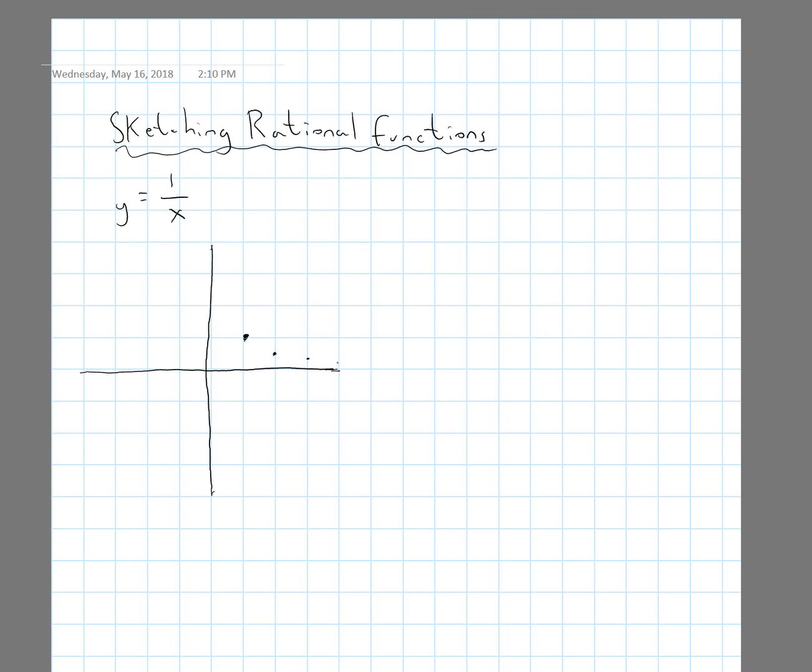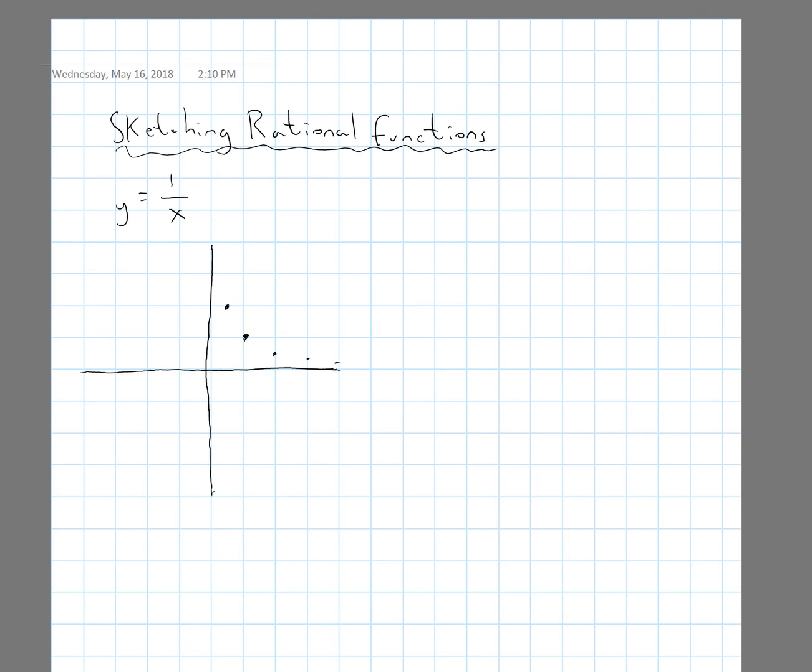When x equals 4, y is a fourth, and so on, all the way getting further in the positive x direction. When x is equal to 1/2, y is equal to 2. Right? 1 over a half is 2.